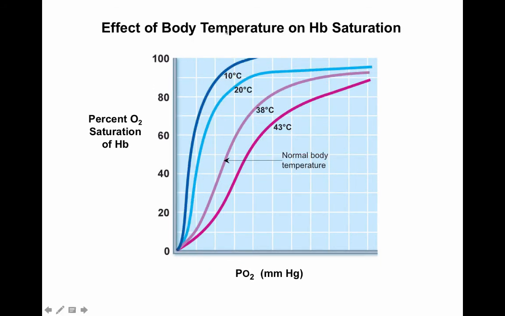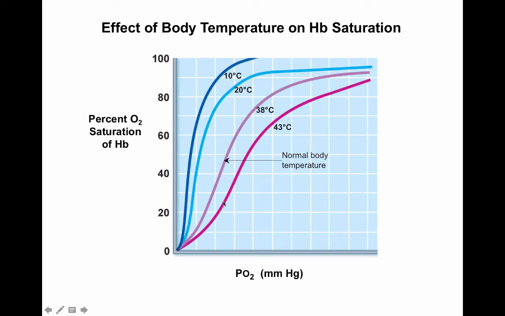When we look at the effect of body temperature on hemoglobin saturation, we see that here in this purple line we have normal body temperature, so 38 degrees Celsius. When we have a shift within our body temperature, if we get warmer, we see that we have less saturation of hemoglobin.